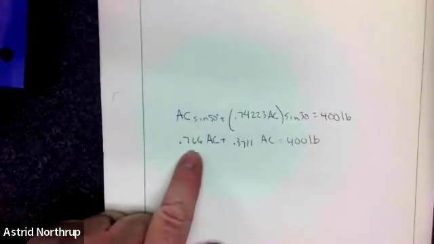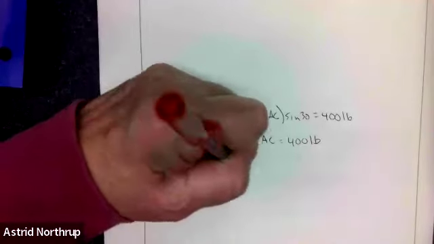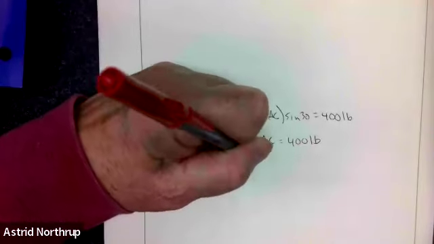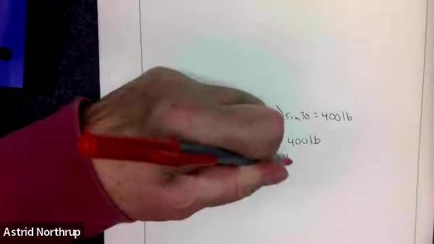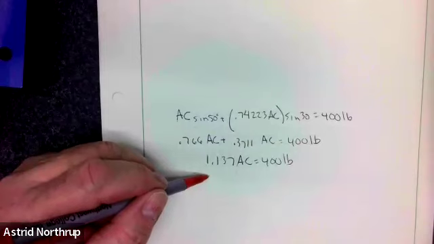So then I can just factor out the AC and add these two numbers together. So this is 1.137 AC equals 400 pounds. And then I can solve for AC by dividing both sides by that number.